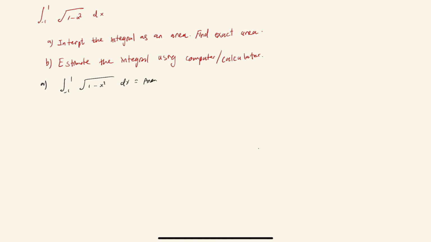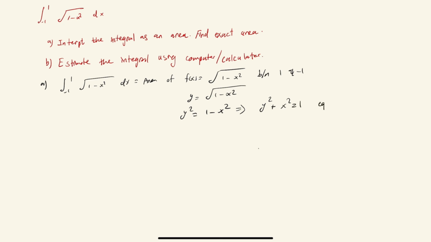Here we have f of x equal to the square root of 1 minus x squared between -1 and 1. Now, if we set the square root of 1 minus x squared to y, and then rearrange these terms, we'll end up with y squared plus x squared equal to 1. This is an equation of a circle with a radius of 1.